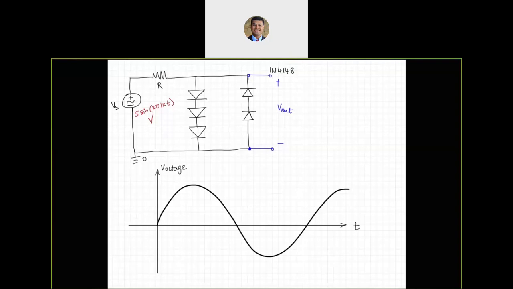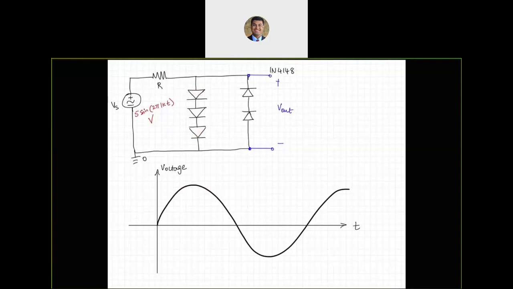Well, I know that there are three voltages. So over here in the positive half cycle, these three diodes are going to be forward biased and these two are going to be reverse biased, which means that as they are forward biased, each of them is going to take 0.7 volts across them to turn on. In total, 2.1 volts.